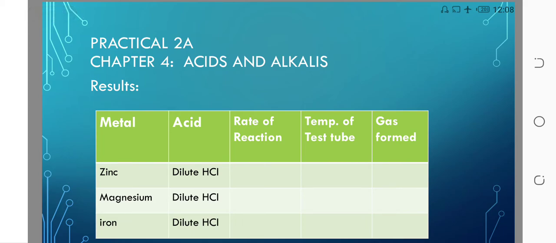And the gas that is formed during the reaction of metal and acid, the gas name for all the 3 reactions will be hydrogen. Okay, so you should keep in mind that whenever a metal and an acid react together, the gas that is formed is hydrogen gas. Okay dear students, now this activity is also completed.